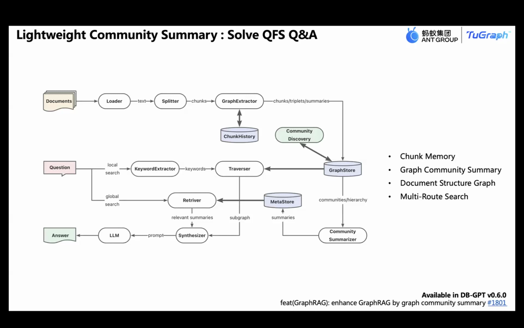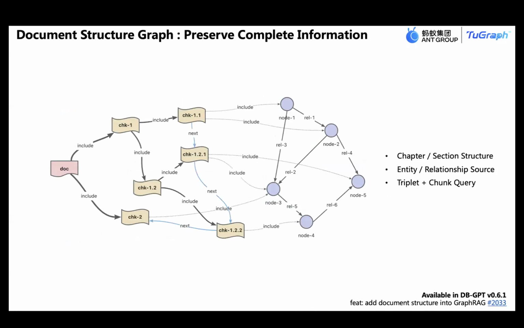the meta store. Okay. So the document graph I want to share is because we want to preserve the complete information in the docs, because as we know, when triplets are extracted from the document text, some information is lost. So if some businesses want to use the whole information of the docs, they may want to use a document graph to enhance the knowledge graph.